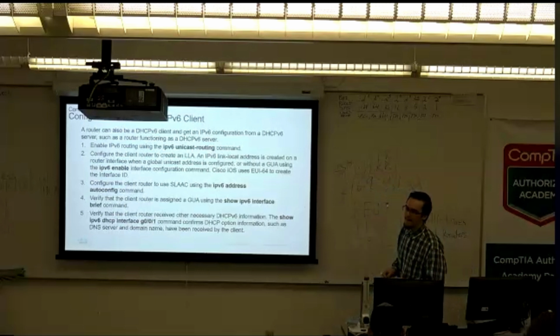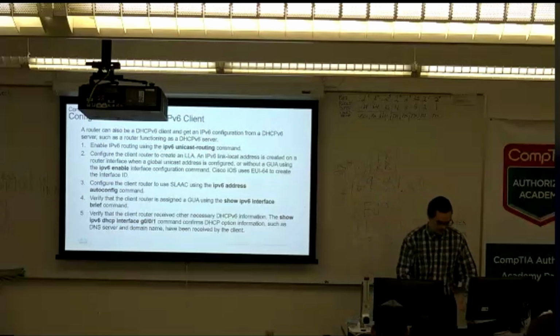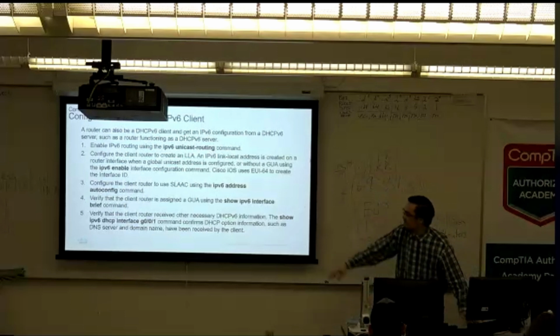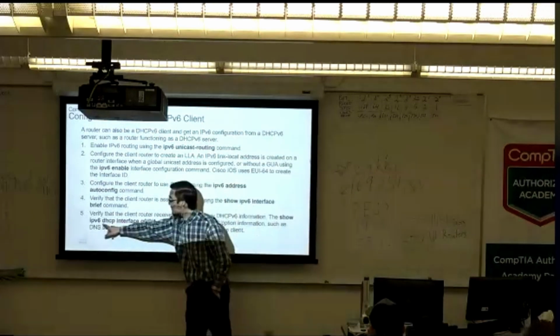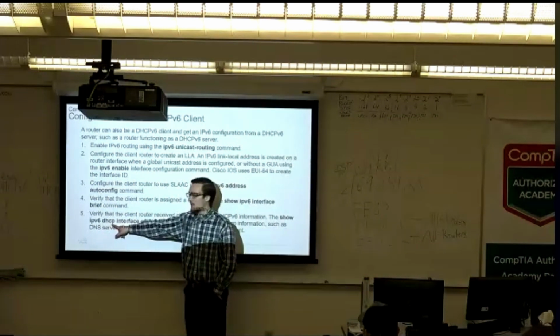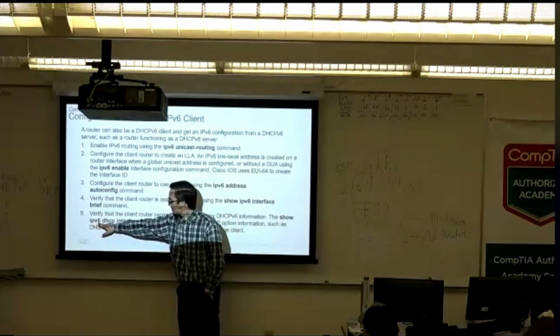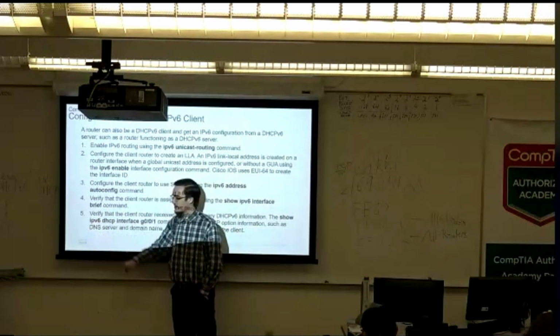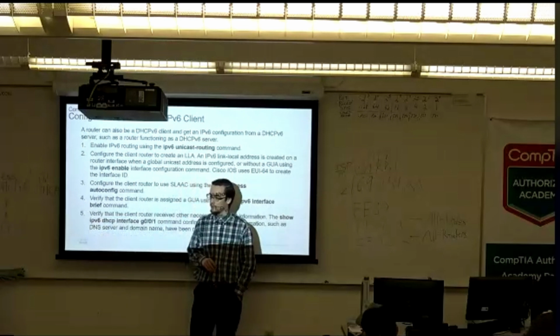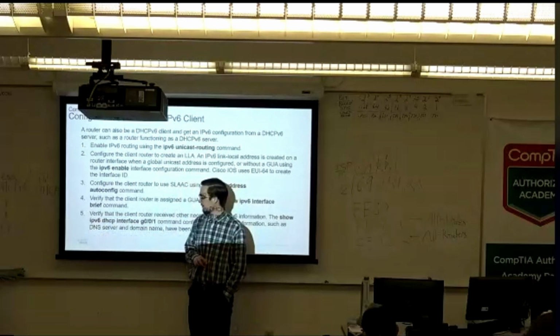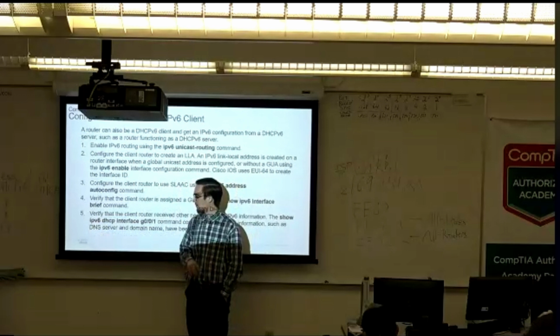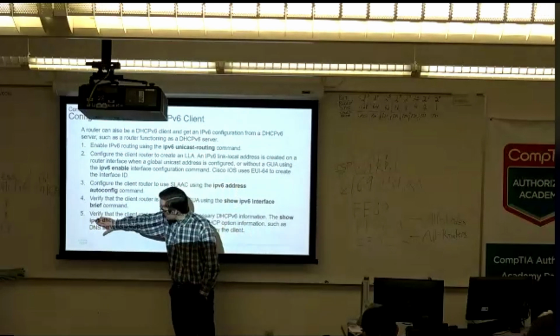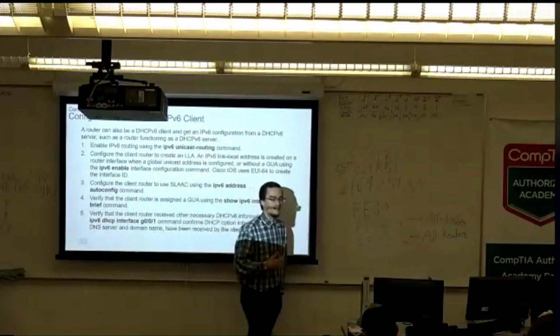Do you have to specify DHCPv6 on the command line? No, that's implied already at that point. You are in IPv6, so it's implied, and it would be redundant. Anytime you see IPv6, it has nothing to do with IPv4. Nothing at all. Completely different protocol. And when you don't see v6, it's implied IPv4.